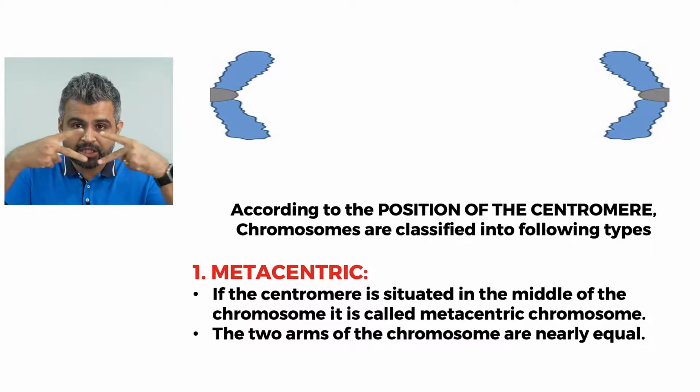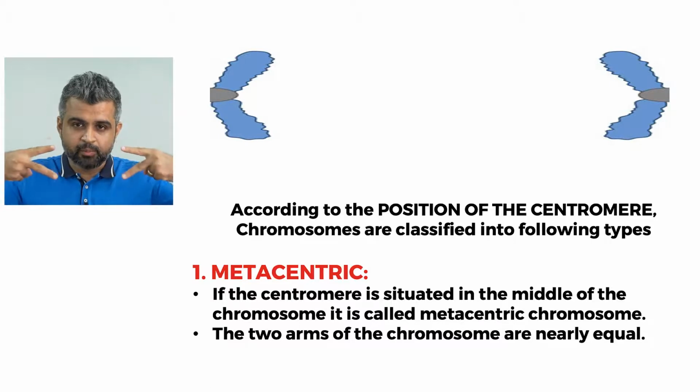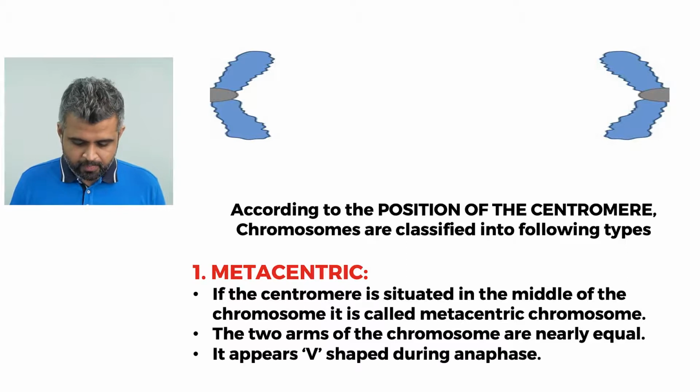And because both the arms are of the same size, both the chromonemata, both the sister chromatids, are going to be of the same length. So as they are getting pulled during anaphase, what will be the shape of this chromosome, dear students? V. So it appears V-shaped during anaphase.